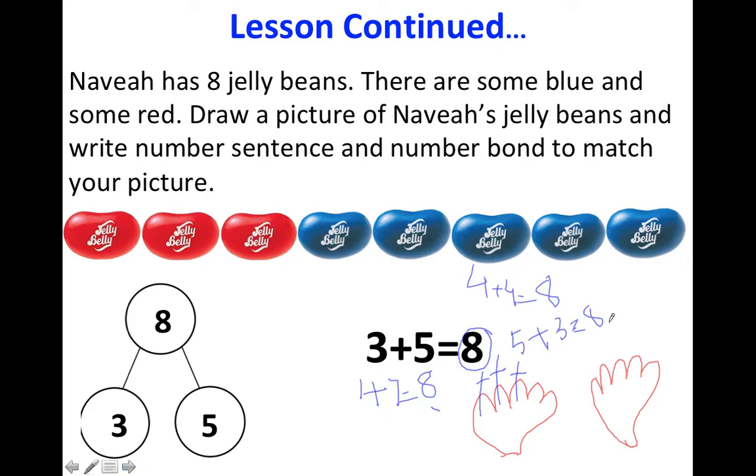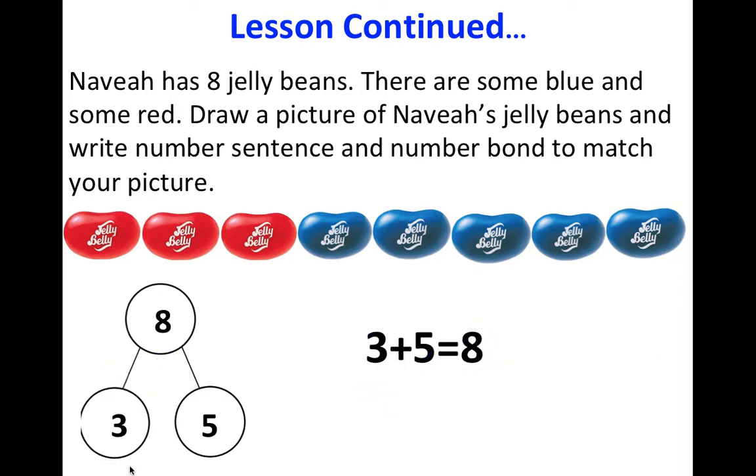As long as your whole or your answer is 8, the number sentence is going to be correct. Remember that both numbers, the two parts, have to come together to make 8. If it does not make 8, that means it's incorrect.